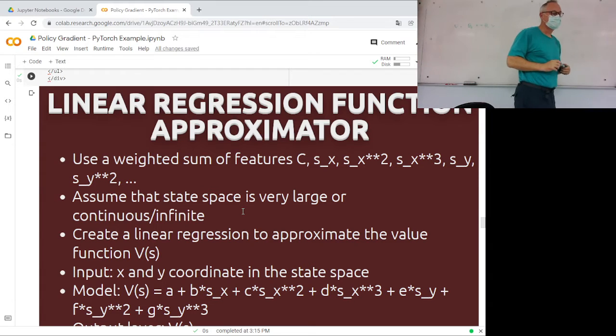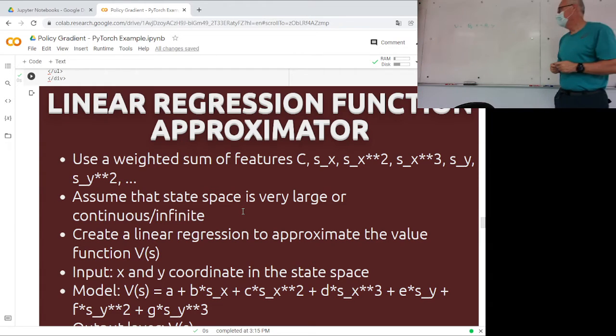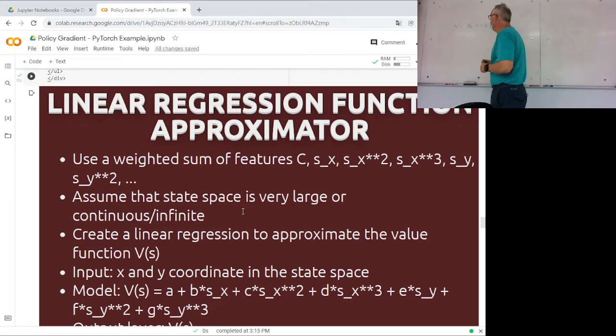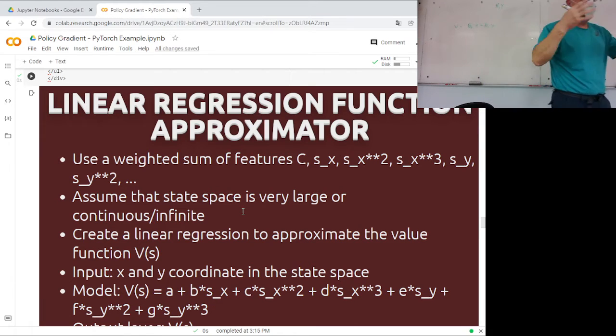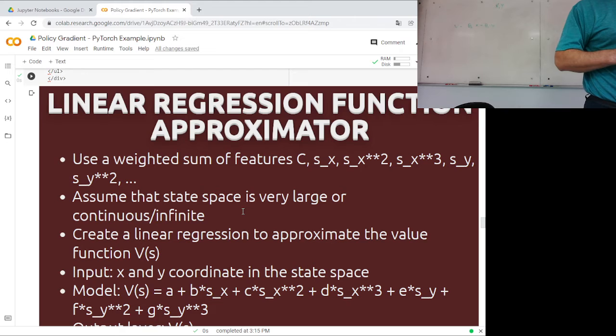Okay. Because we have a two-dimensional domain, then it's natural to think about x and y.